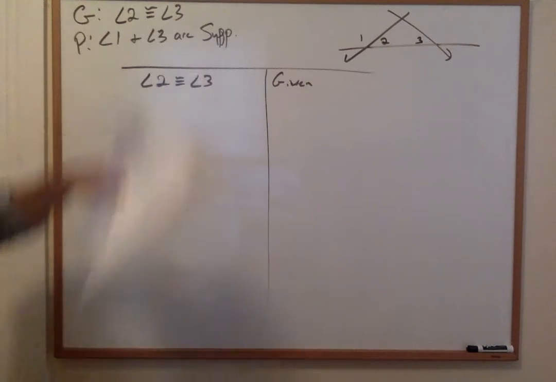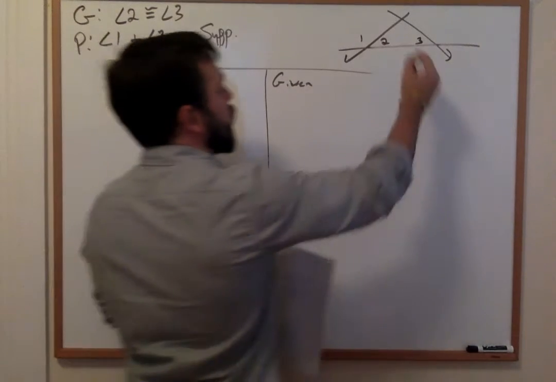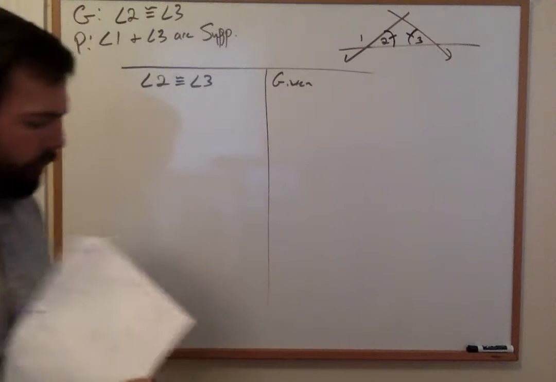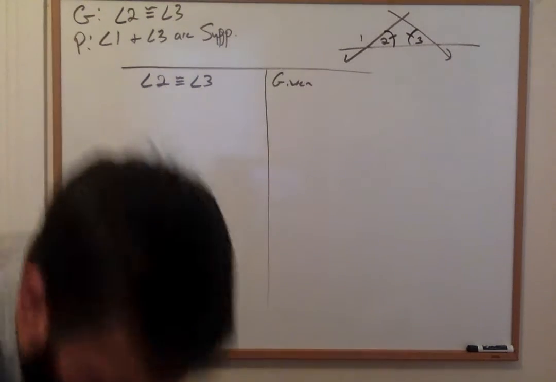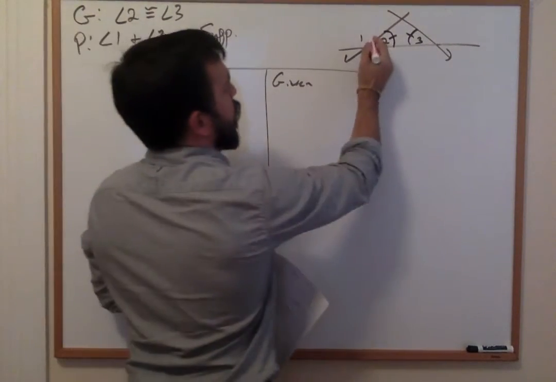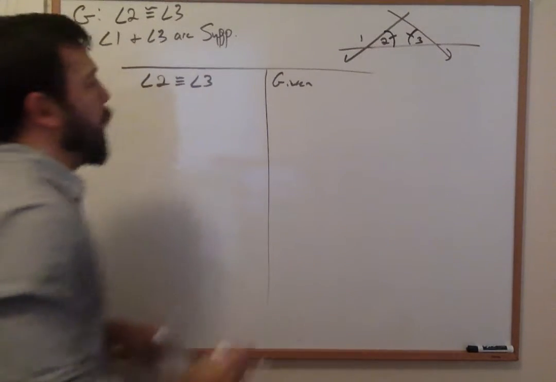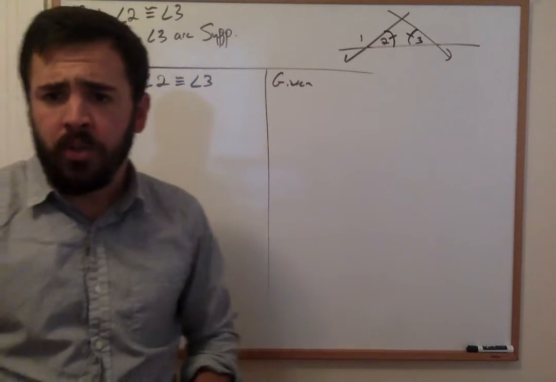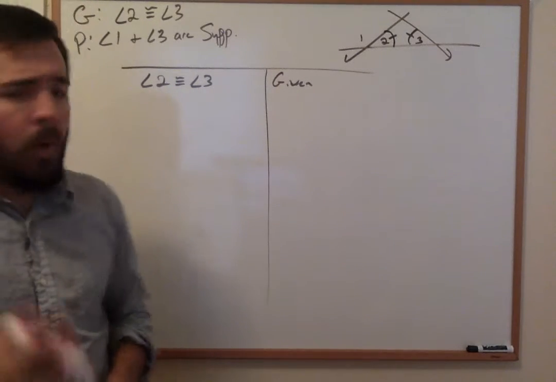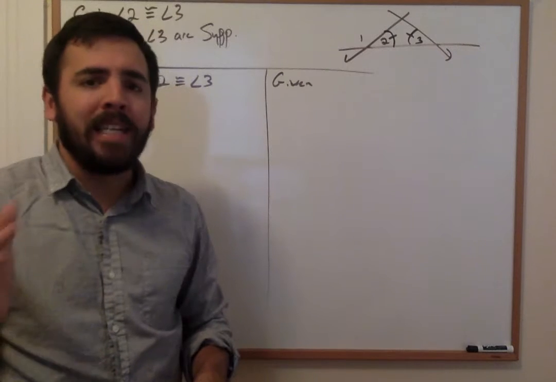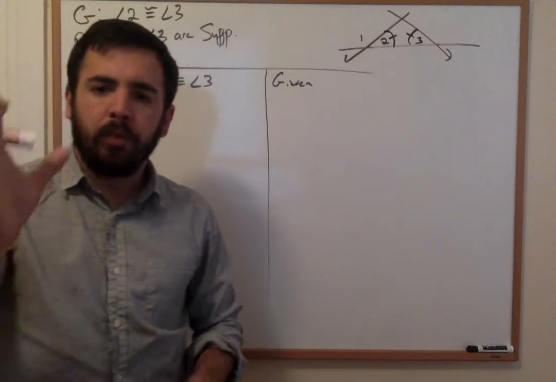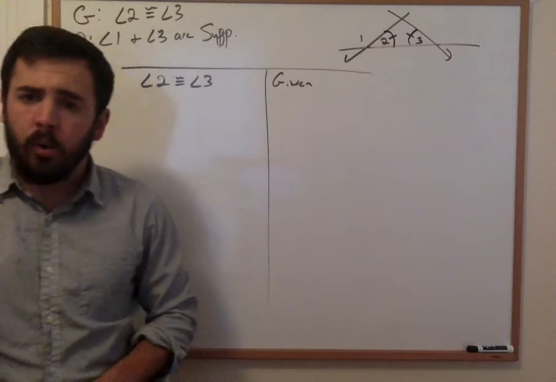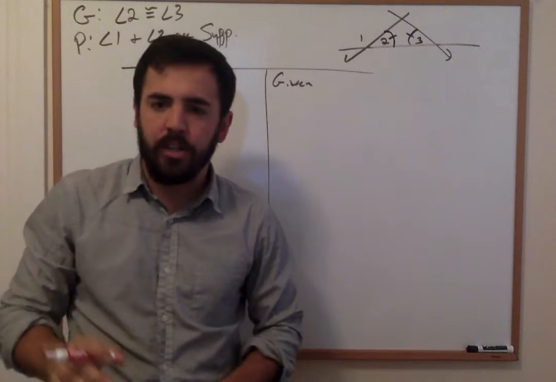And let's try to find some link between what we need to reach and what we have. So right now we have angle 2 and angle 3 are congruent. We're trying to show that 1 and 3 are supplementary. Well, 1 and 3 are not right next to each other, okay? So what we probably need to do is identify a different supplementary relationship and then somehow weasel 3 into that relationship. Well, let's look.